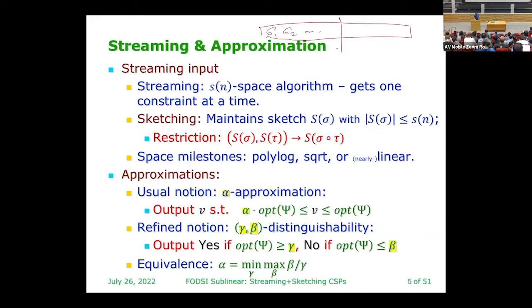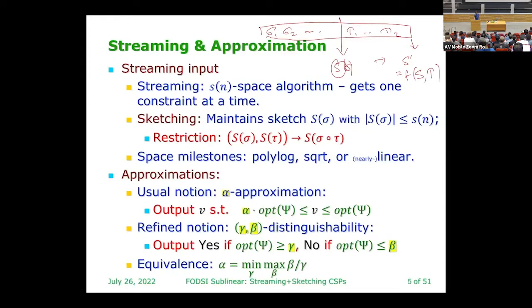At any given moment of time, you produce a state saying my algorithm is in state S, let's say a state of sigma. Then the rest of the stream comes along, tau 1, tau 2, tau 3. Obviously, we expect to be able to compute the state at this end, S prime, as a function of the state that you were in here and the sequence that you saw afterwards. That's a general streaming algorithm.